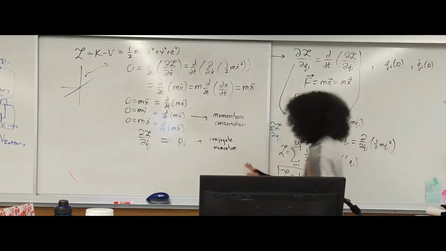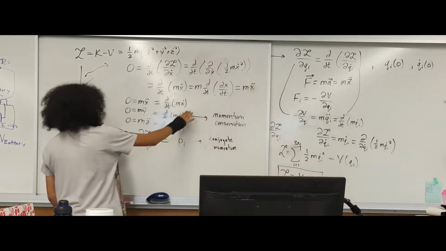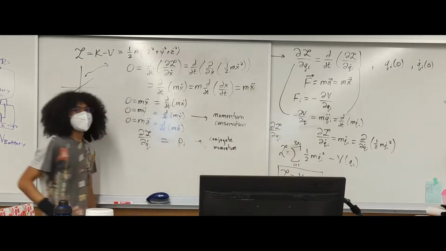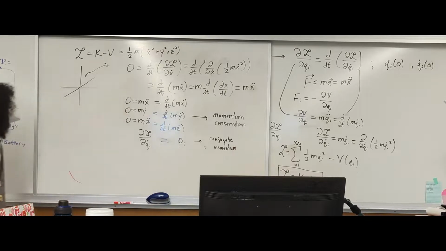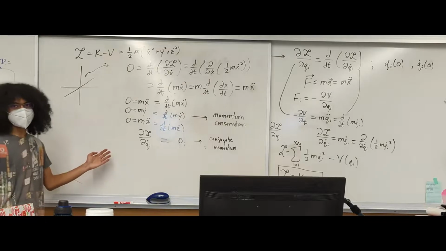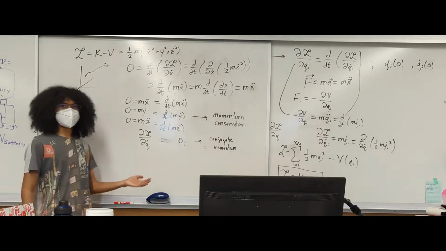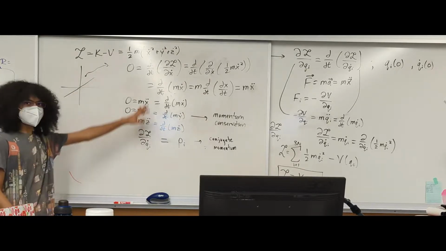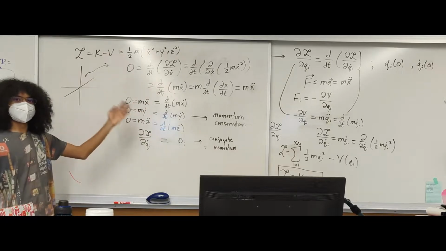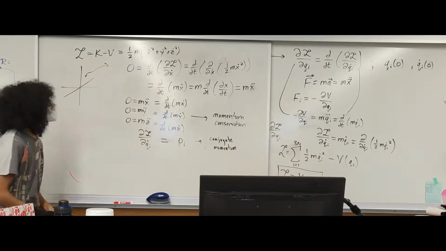So conjugate momentum for Cartesian coordinates are just the ordinary p equals mv. But if you did stuff in spherical coordinates instead, then that's not necessarily the case. So you'd have some sort of radial momentum and then different angular momentum, which is a familiar word, right?